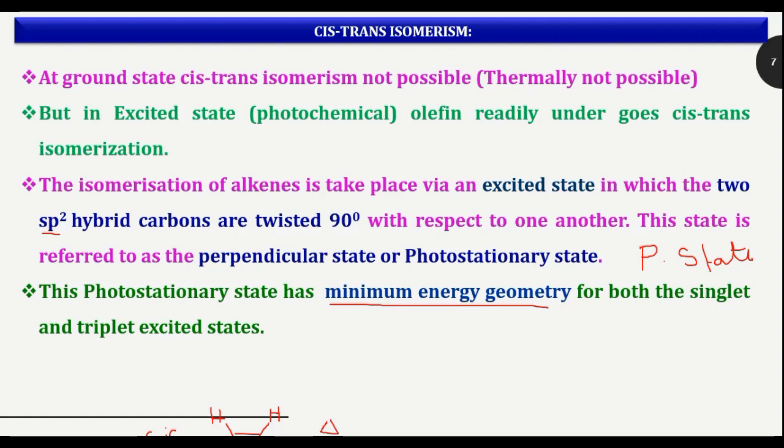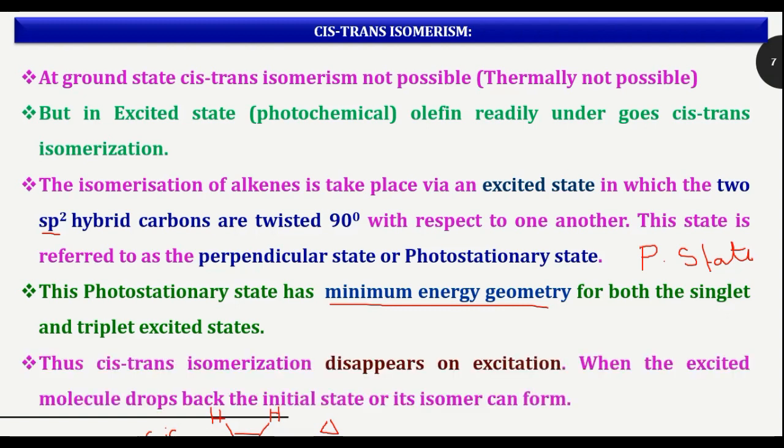That may be in singlet state or triplet excited state. Now cis trans isomerism disappears in the excitation. So finally it can be dropped back into the initial form. If you start with the cis, then it can be back into the cis, or it can be converted into its isomer, that means trans. So friends, this is about cis trans isomerism introduction.